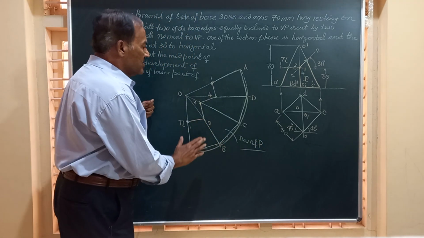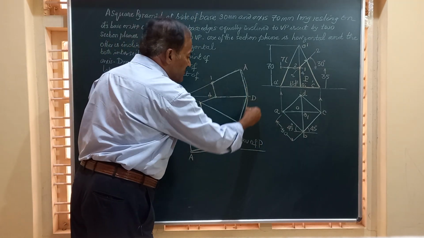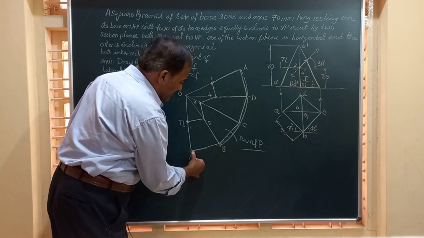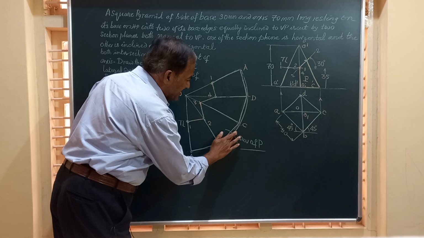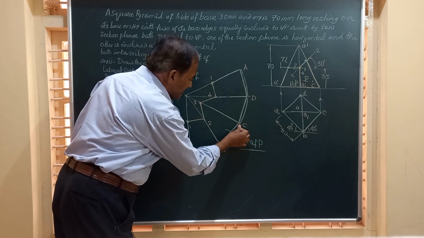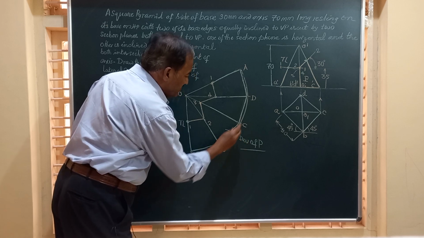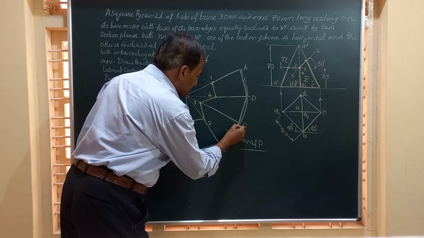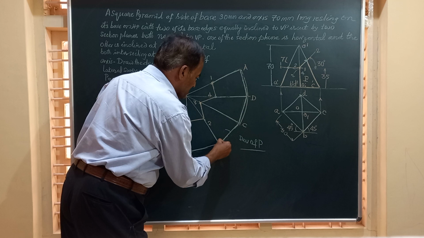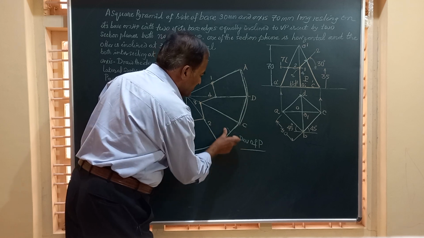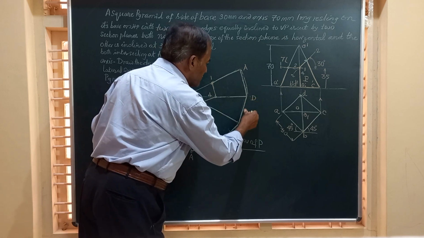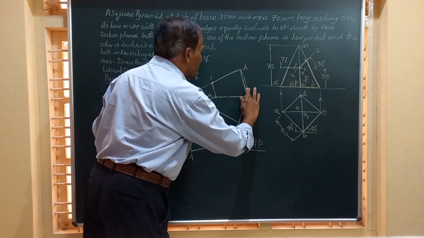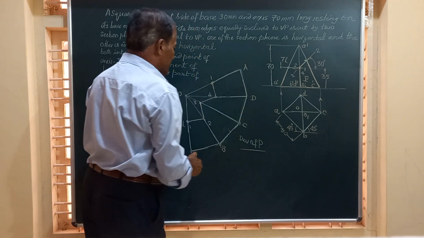And friends, here you have to remove all this thin line, that is to say from 1 to this you can remove, or you can retain it as a thin line, because all the base edges of the solid are straight. The arc has to be removed. So I have removed that. And similarly here you can remove this line also, or you can show it by a very thin line if you want to show the construction line.